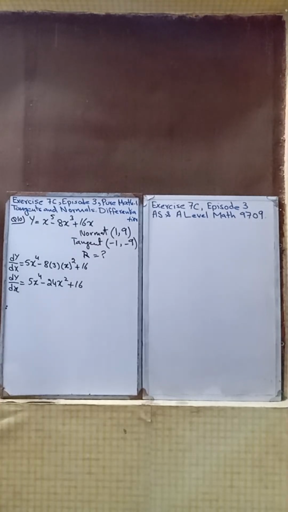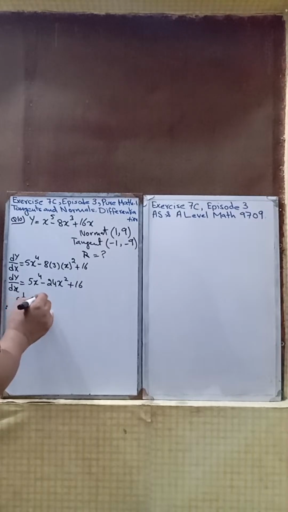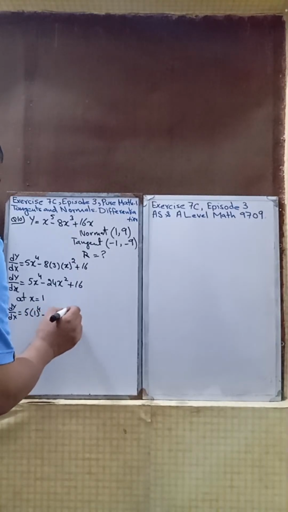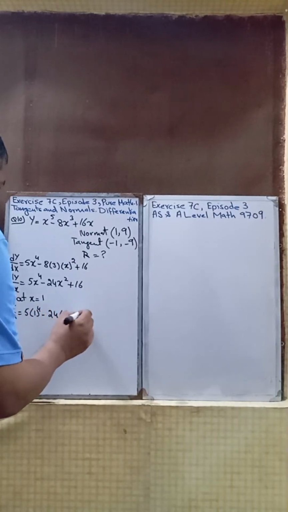So at x equals 1, dy by dx will be equal to 5 into 1 raised to power 4 minus 24 into 1 squared plus 16.